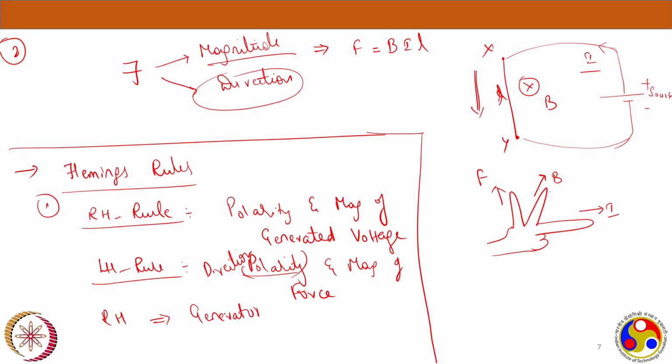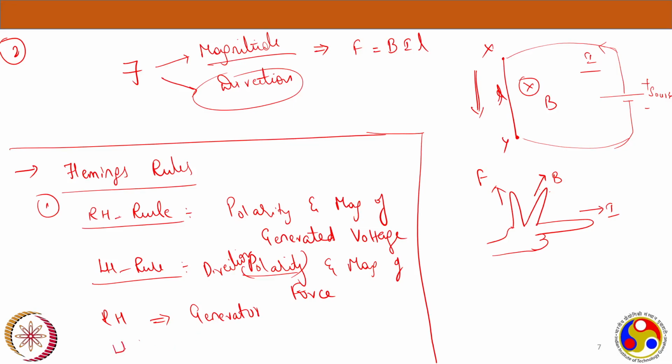Right, exactly. Thank you. So in the right hand rule, you find the polarity and magnitude of the generated voltage. There you are actually generating voltage by giving a magnetic field and moving the conductor with a velocity. If you move a conductor in a magnetic field with some velocity, you can generate a voltage. When you are generating the voltage, it's related to the generator.